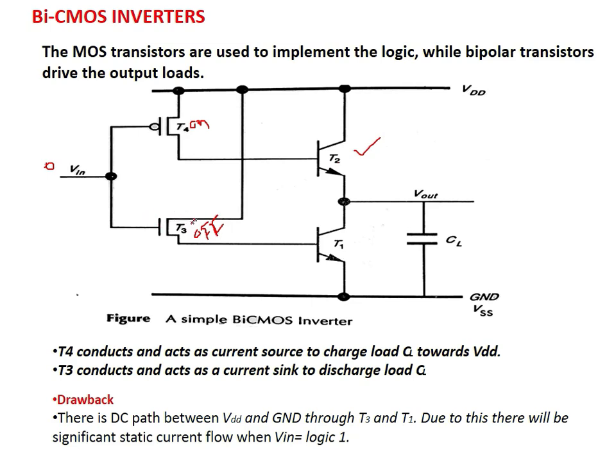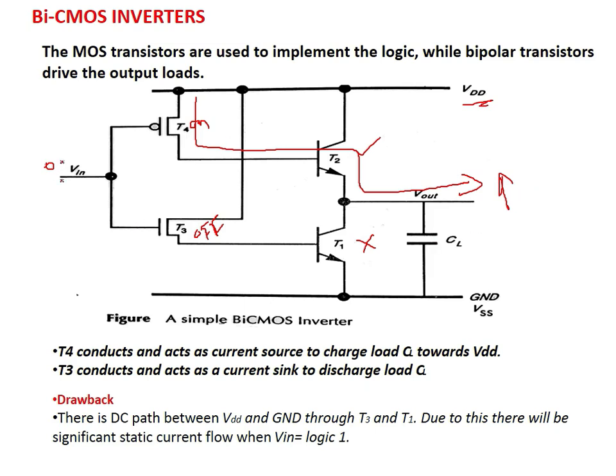Whenever T3 is open, T1 becomes off. So in this case current flows through T4, through T2, to the output terminal. A path exists to the output from VDD. Hence the output will go to high, or the capacitor will charge to VDD. You will get high output.